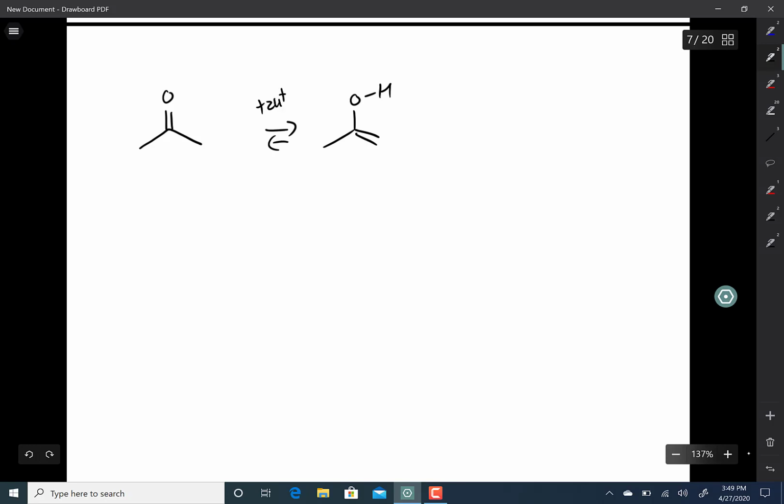Another reaction that we talked about is tautomerization. You might think about drawing the mechanism this way to giving that product.